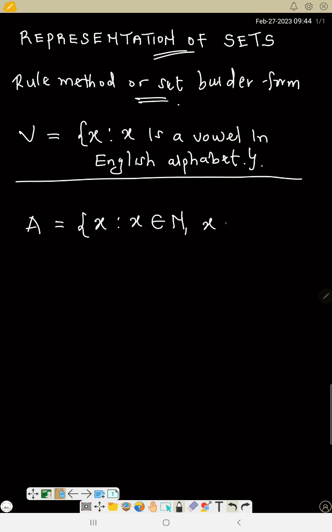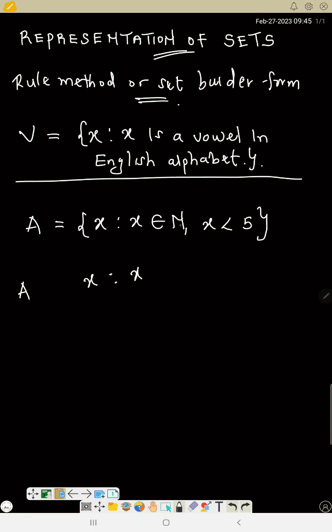Because if you can't understand set representation in this rule method, there will be a problem in solving some questions. Now this means A is the set of all x such that x is a member of N, the natural numbers. Do you know this symbol means member? I've told you, go and watch the video on types of number.